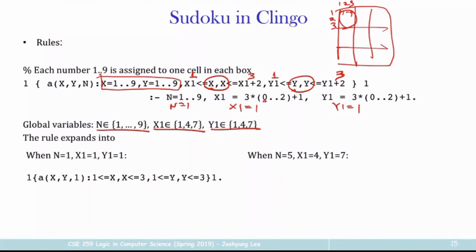When n equals 5 and x1 equals 4 and y1 equals 7, which box are we looking at? So here we have to place number n, digit 5, into the one box here. But when x1 equals 4 and y1 equals 7, which box are we looking at?